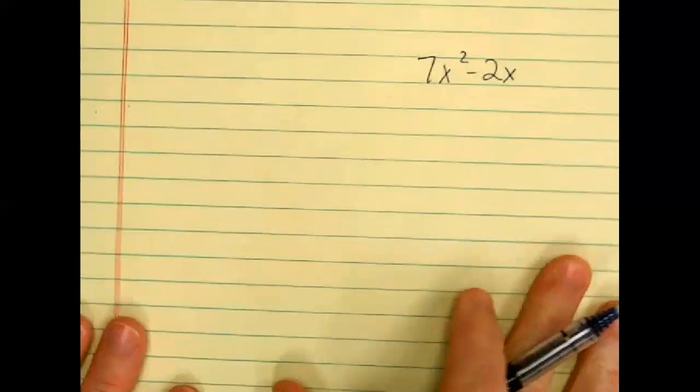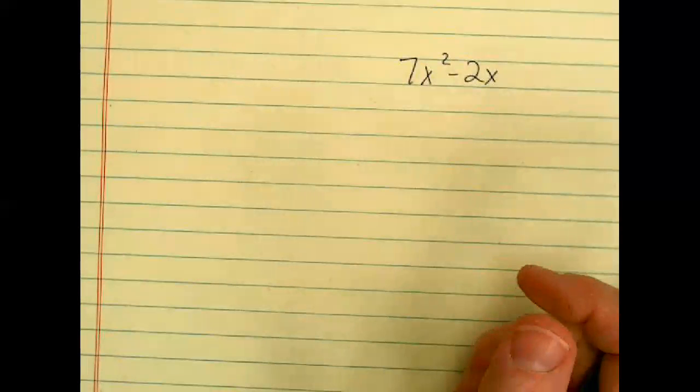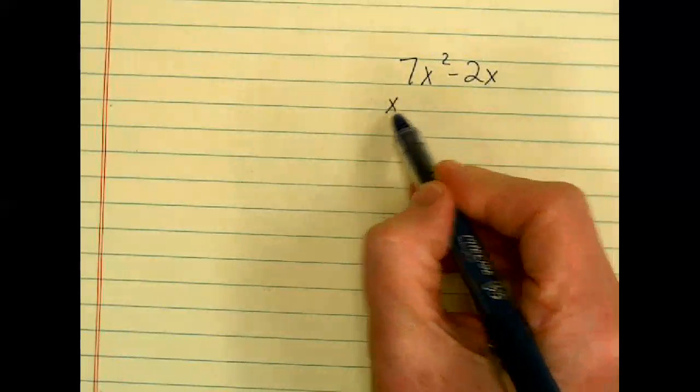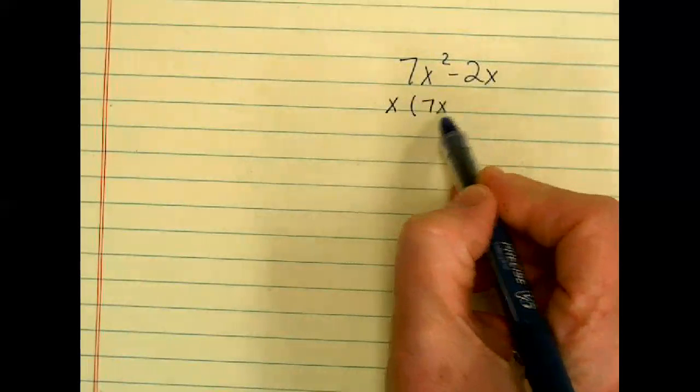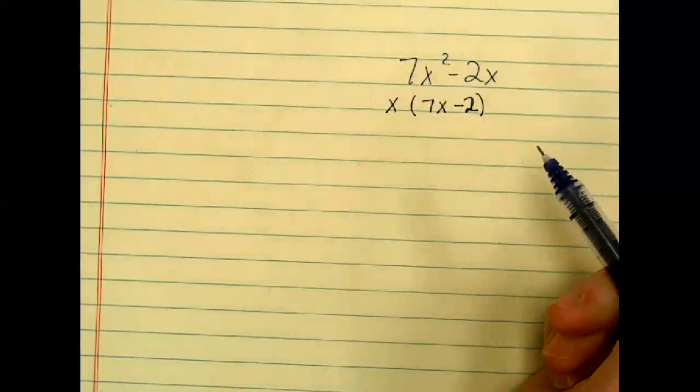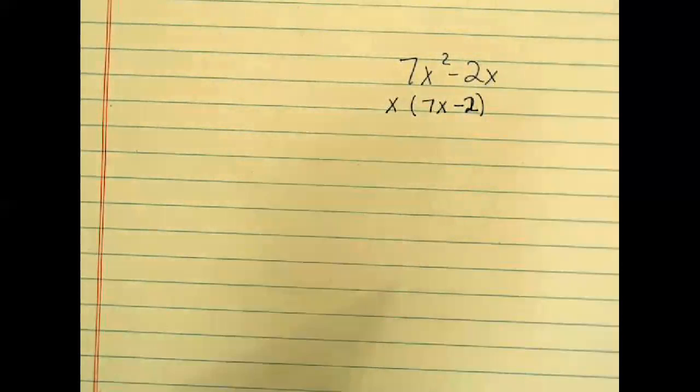Okay. If you only have 2 terms, then you're probably not going to do backwards FOIL, but you look for what they have in common, and these both have an x in common. So you can take an x out, and you're left with 7x minus 2. And that's all you can do there.